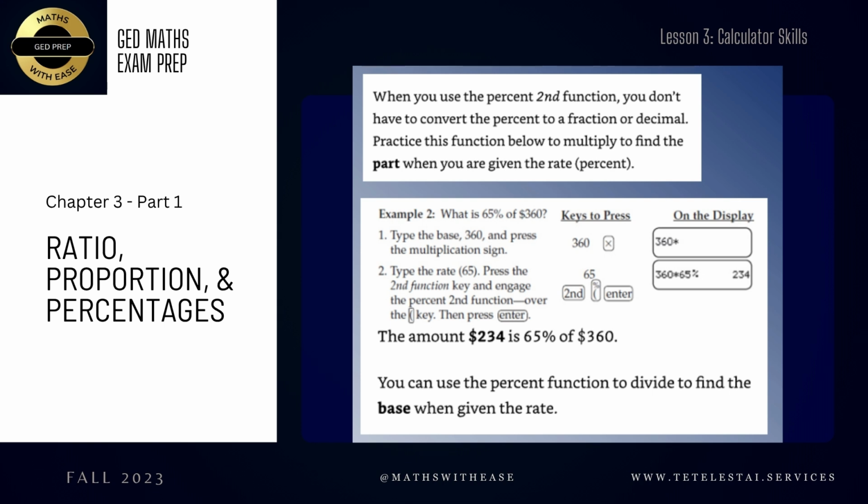But if you feel more comfortable, you can just use your calculator. You would enter 345, press the second function key, and then your open parentheses key, which would automatically input your percentage symbol, press enter, and there you have your answer.